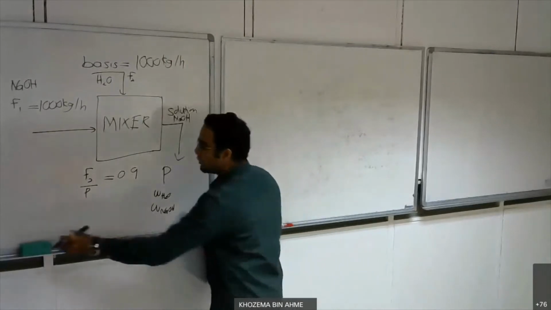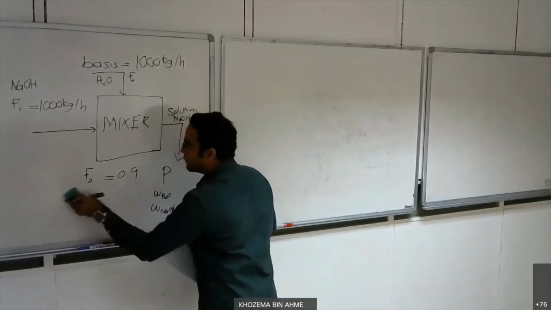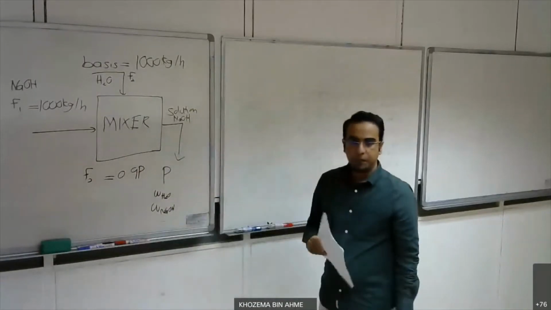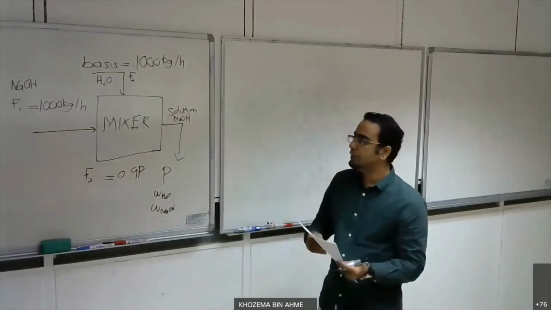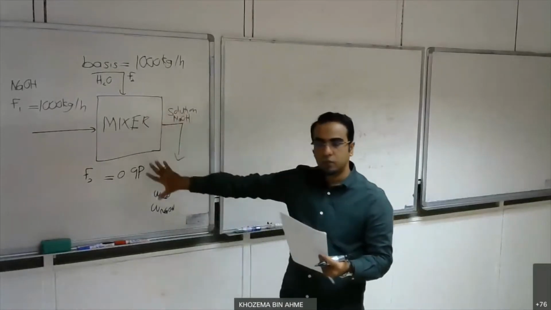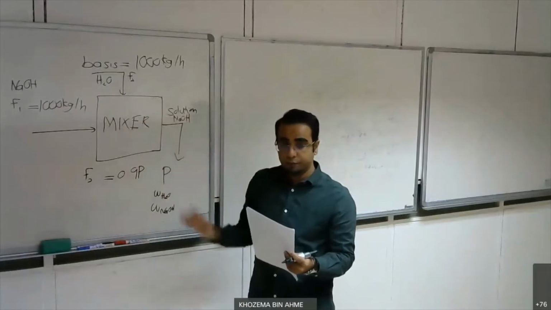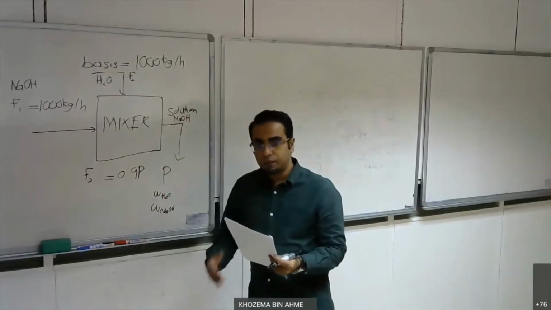I can also write F2 is equal to 0.9 P. Okay, so based on the question, this is all the labeling I can do, and this is my completely labeled flowchart. That is step number 3.